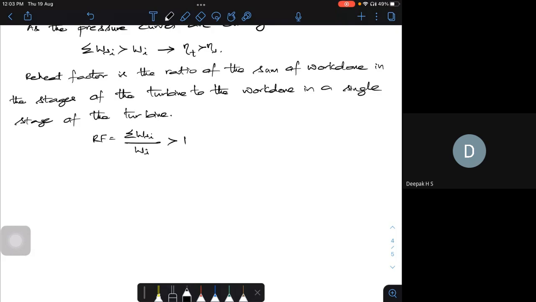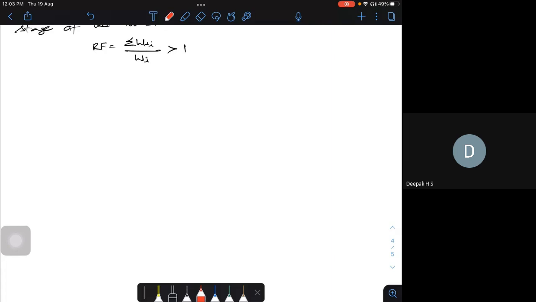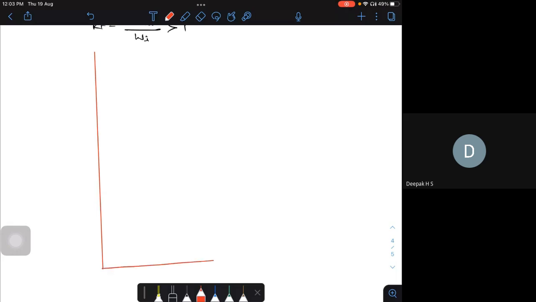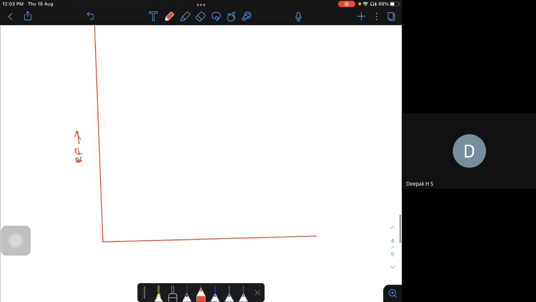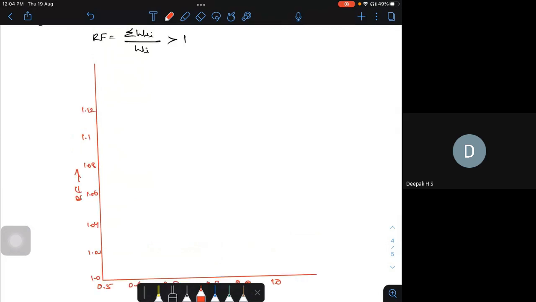That means if I try to put a plot, with the reheat factor on my y-axis and stage efficiency on my x-axis, ranging from 0.5, 60%, 70%, 80, 90, and 1, the reheat factor may start from 1, 1.02, 1.04, 1.06, 1.08, 1.1, maybe 1.12, 1.14, and 1.16, something like this.